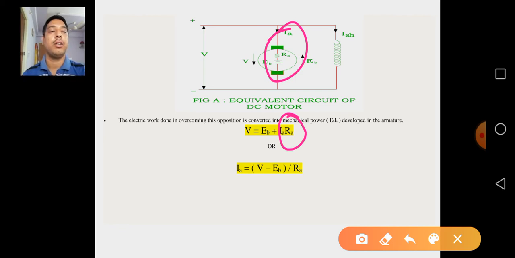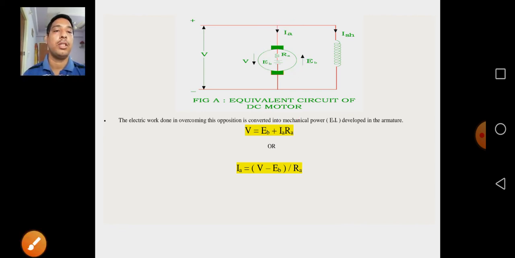So V is equal to EB plus IA RA, or we can write the same equation in another way: IA is equal to V minus EB divided by RA, from the above equation.